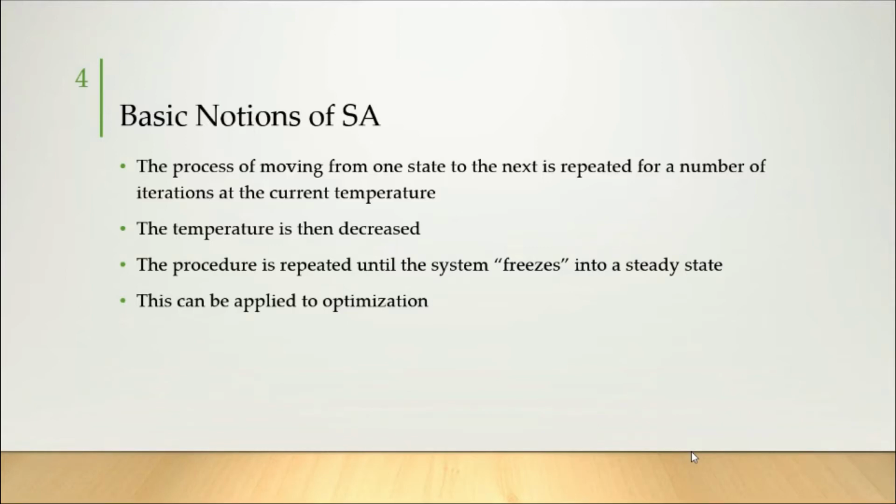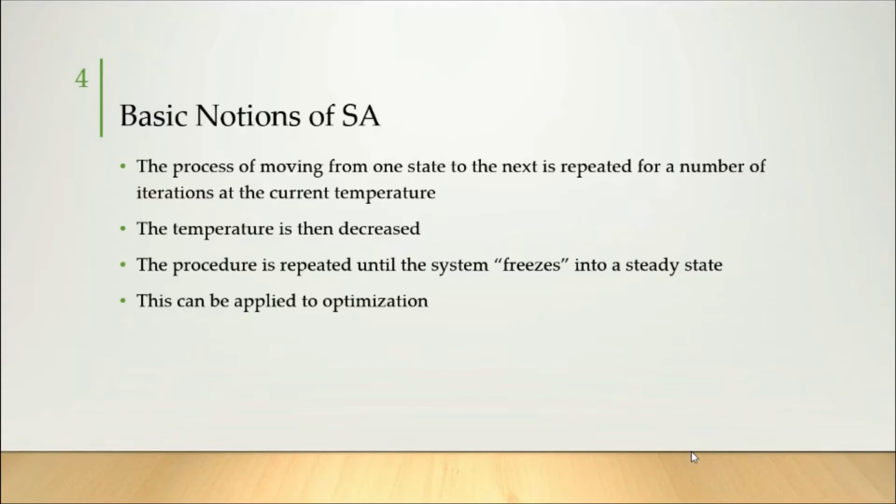If the initial temperature is, say, 1000, the unit is not required there. In simulated annealing, the unit of temperature is not required. It is just a parameter that controls the number of iterations. So the freezing temperature can be somewhere around 10 also.